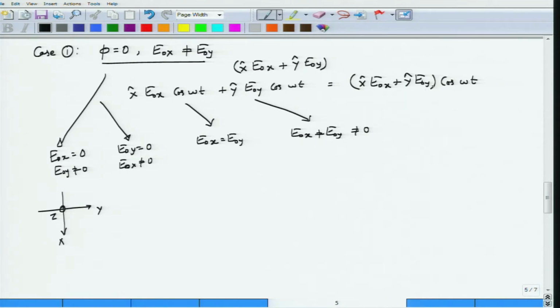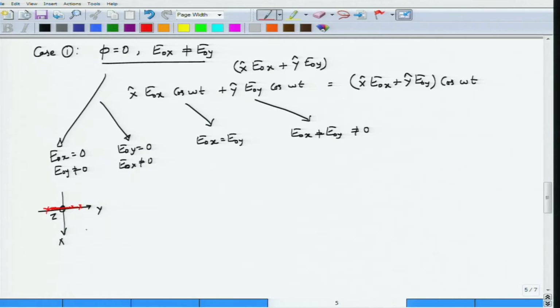Here, if you look at this expression with E0x equal to 0, the electric field component will always be along y. Its amplitude can change because this is cos omega t. At omega t equal to 0, the amplitude will be along E0y. Then the amplitude starts to decrease slowly, reaches 0 at omega t equal to pi by 2, then continues on the negative side for y, and then again decreases and eventually goes to 0.